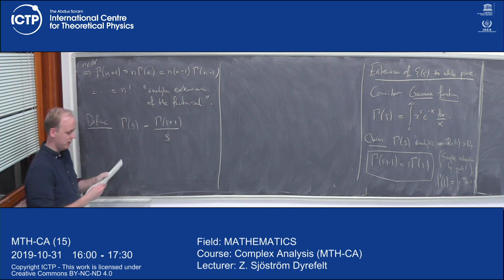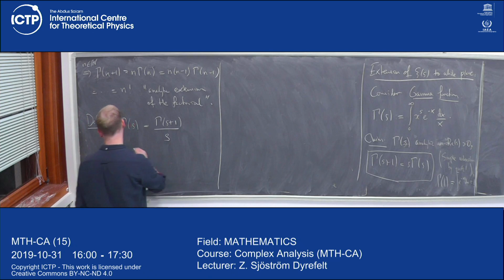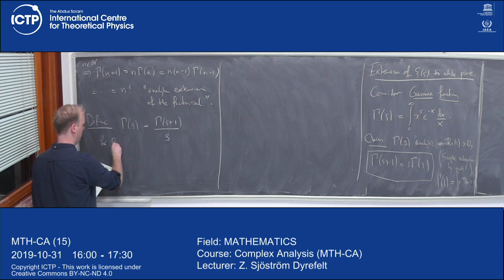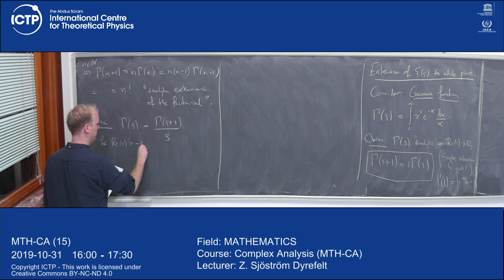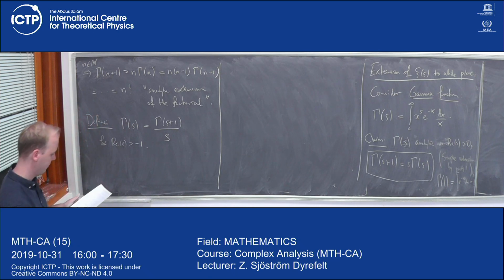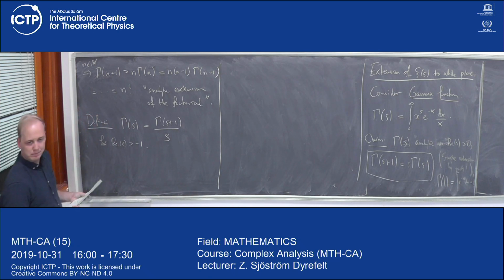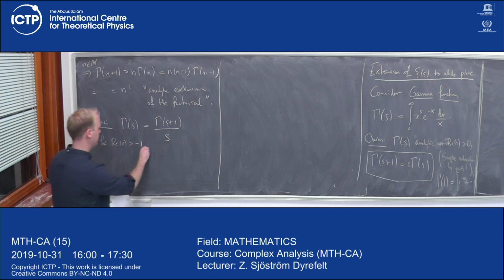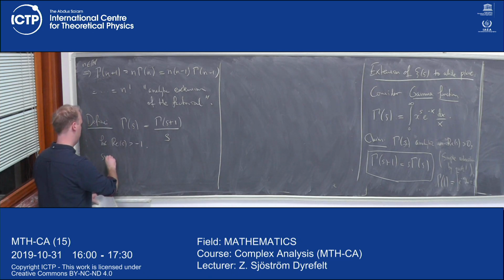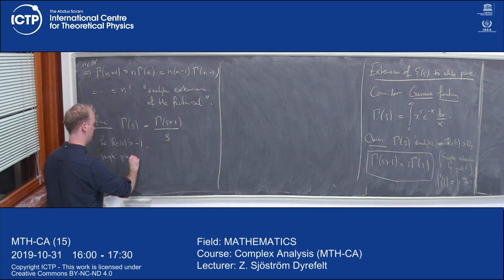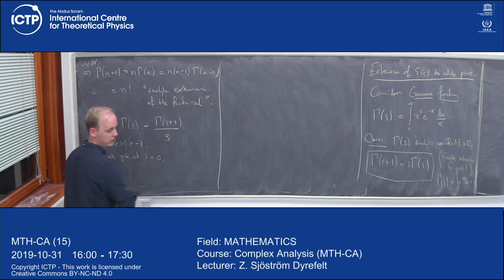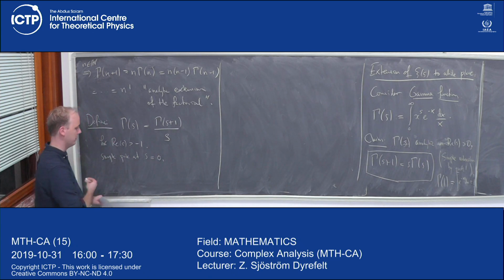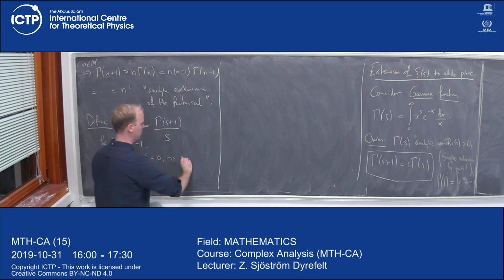Okay? But we say that this should hold also for real part of s greater than minus 1. And then this has a simple pole at s equals 0. So this is now a meromorphic function.